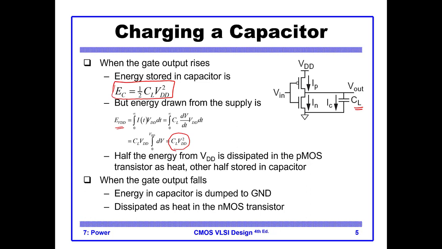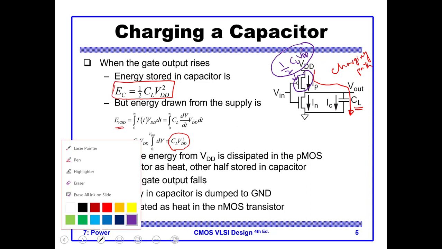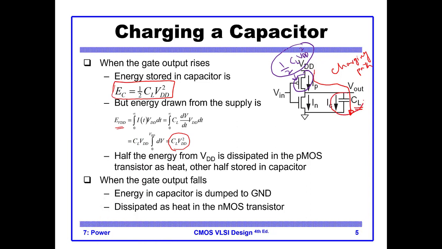What this means is that during the charging period, okay, so this is our charging path, what happens is that half CL VDD squared is dissipated in the PMOS, while half CL VDD squared is stored.